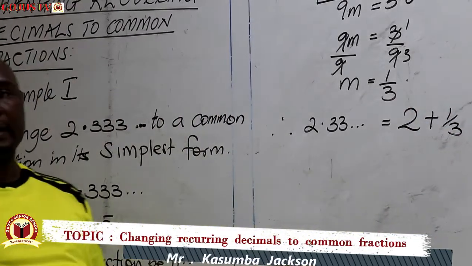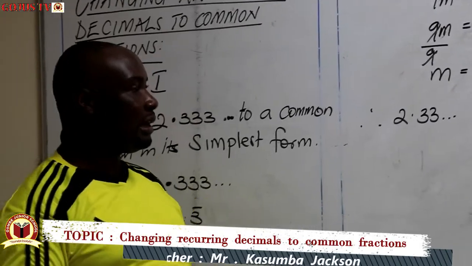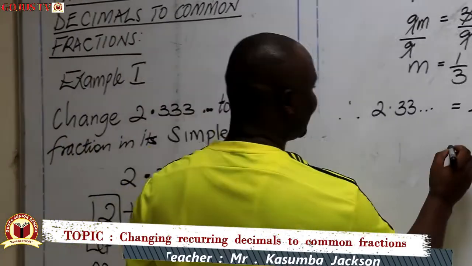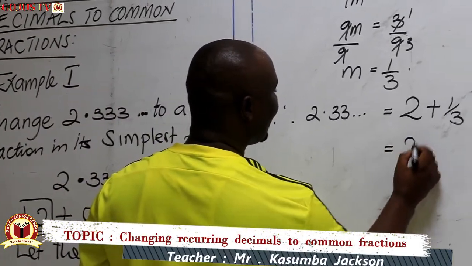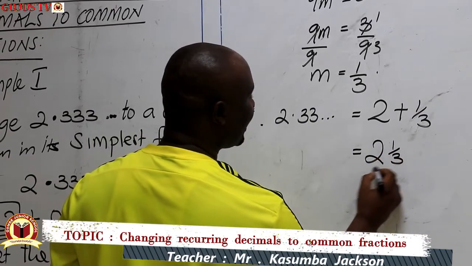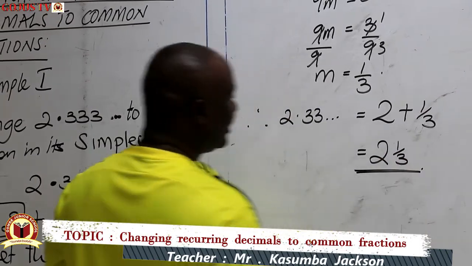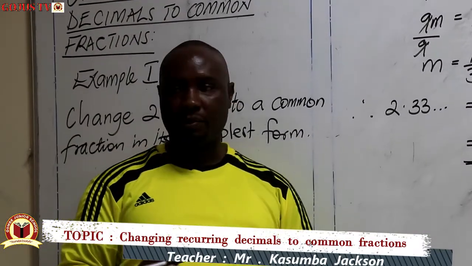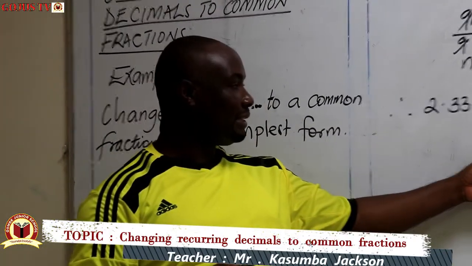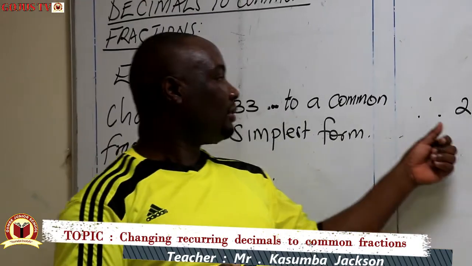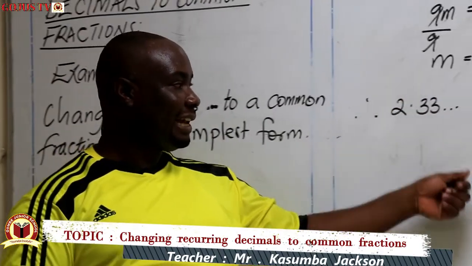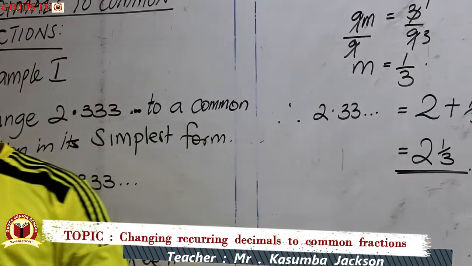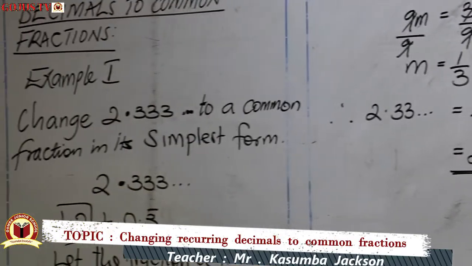When you are adding a whole number to a proper fraction, it is the same as removing just the plus sign and having it considered as it is. So 2.3 recurring is the same as 2 and a third.